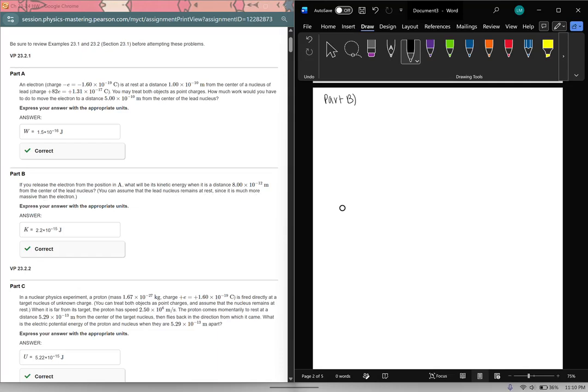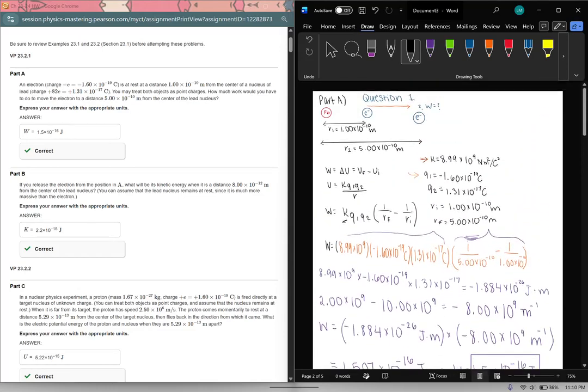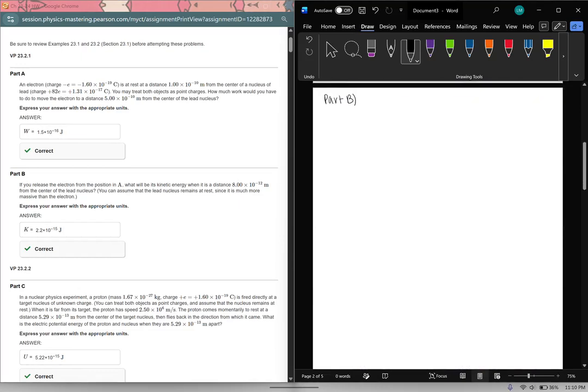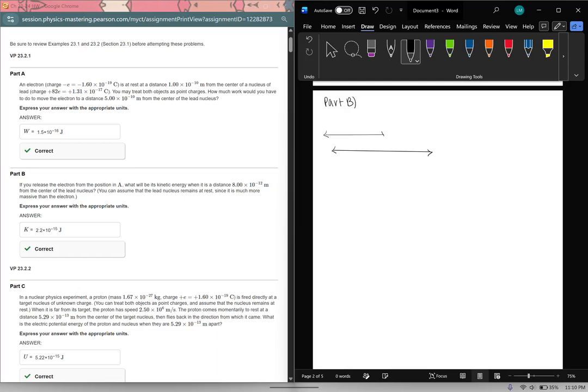So for this one, I'll redraw the diagram similar to the first one. Okay, let me rewrite everything.